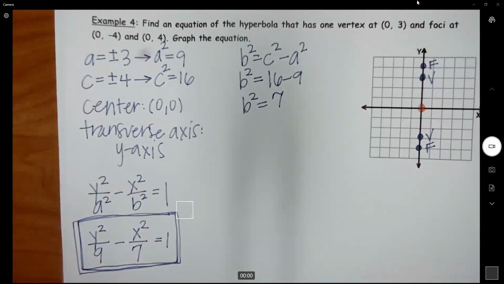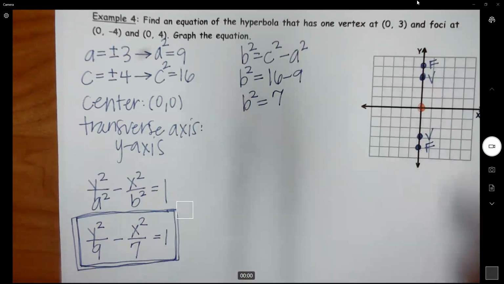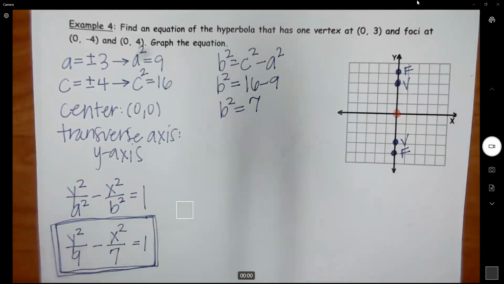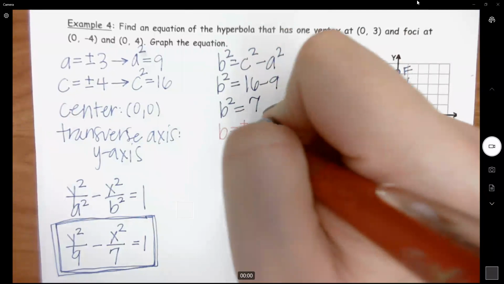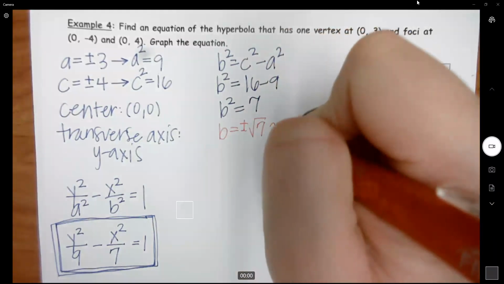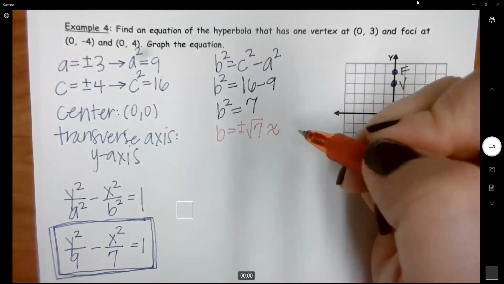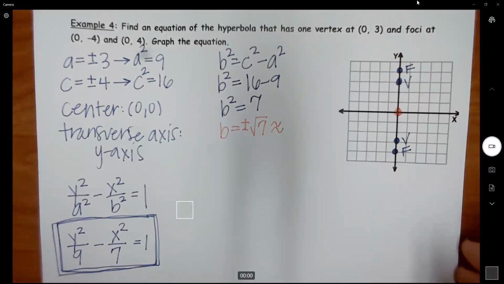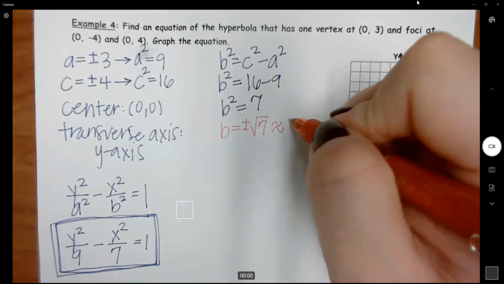So once we find the equation, then it wants me to graph the equation. Well, I already have quite a bit on here already, just from the information they gave me. So now I need to actually put in my b. So if b squared is 7, that means b equals plus or minus the square root of 7, which we have found in a previous video, which is 2.6.